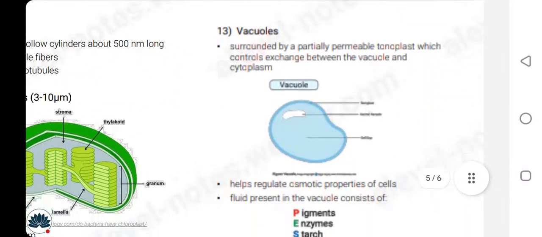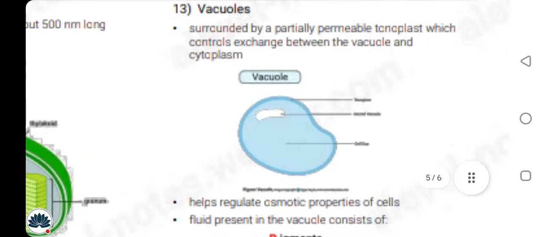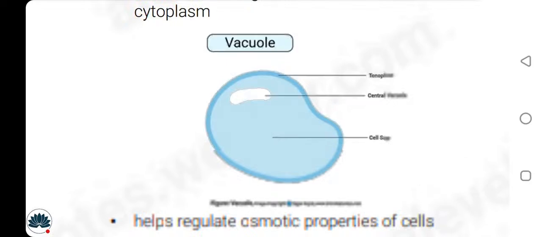Okay, what about the vacuoles? Vacuoles are surrounded by a partially permeable tonoplast, which controls exchange between the vacuole and the cytoplasm. As you can see in this structure, there is the tonoplast, the central vacuole, and the cell.